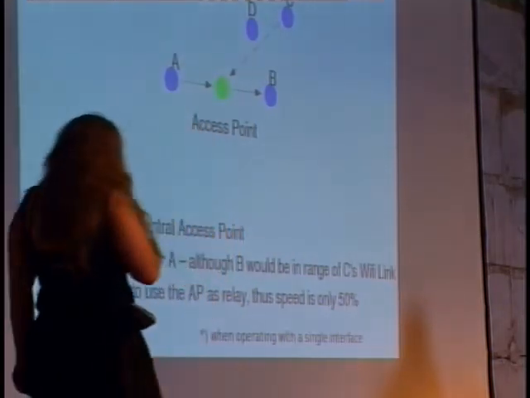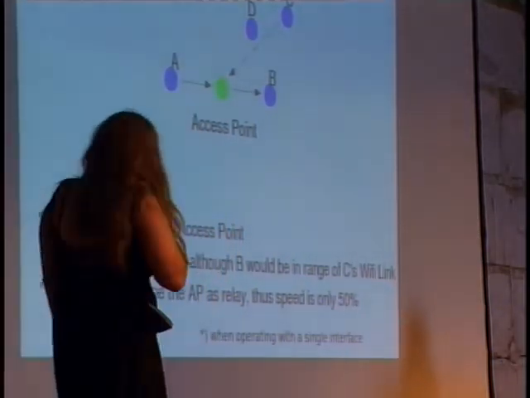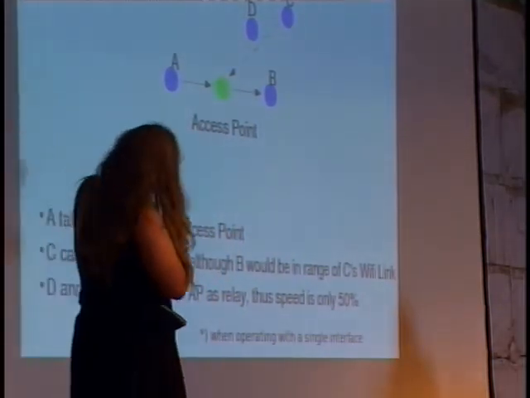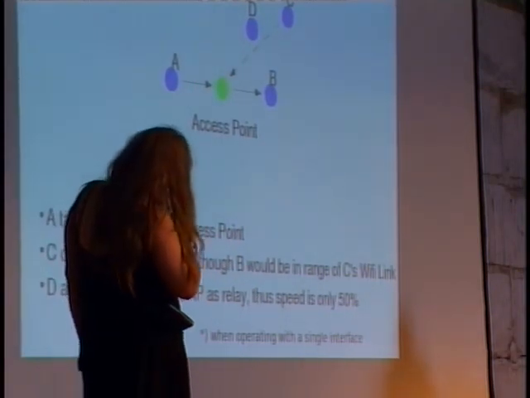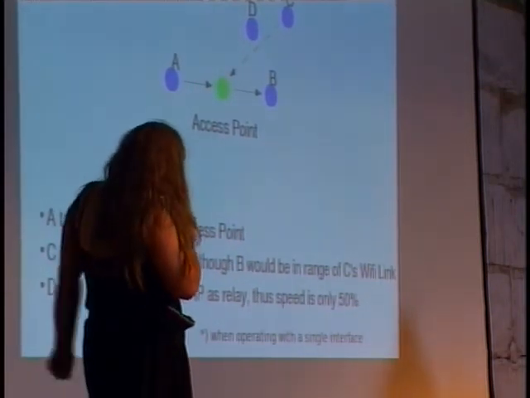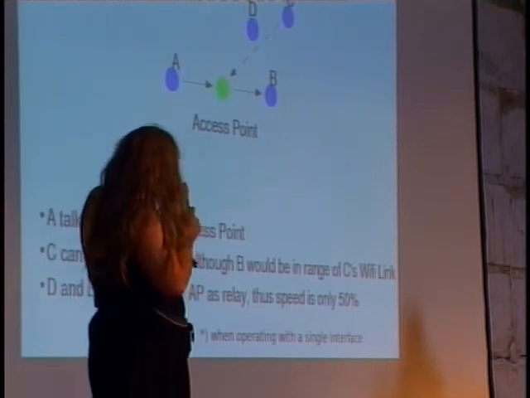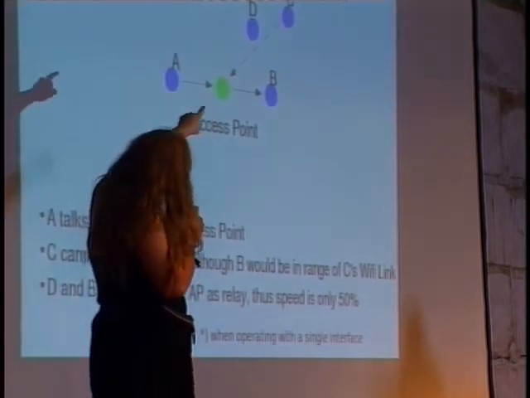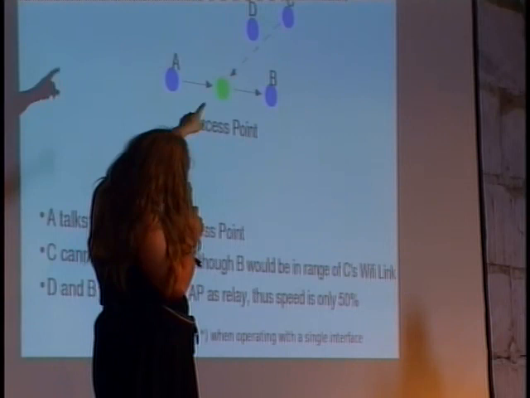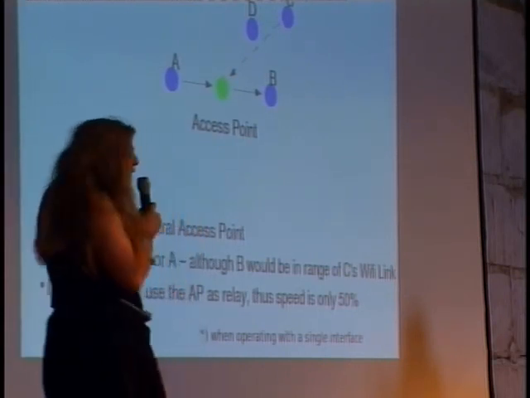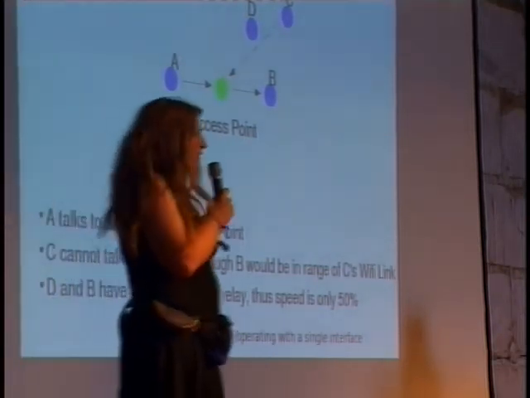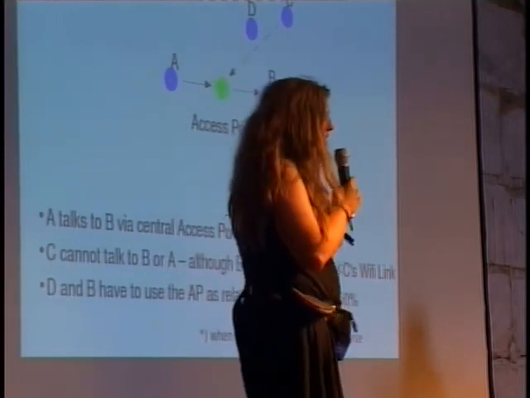Here you can see the disadvantage if you use an access point network. A and B can communicate. If C could communicate with D, and D could communicate with B, all would be connected, but if it's just an access point network, you have no connectivity.